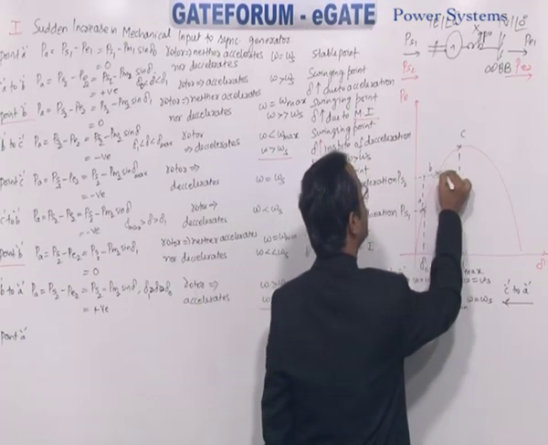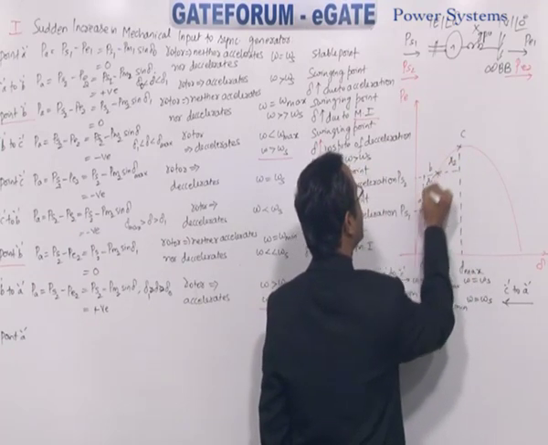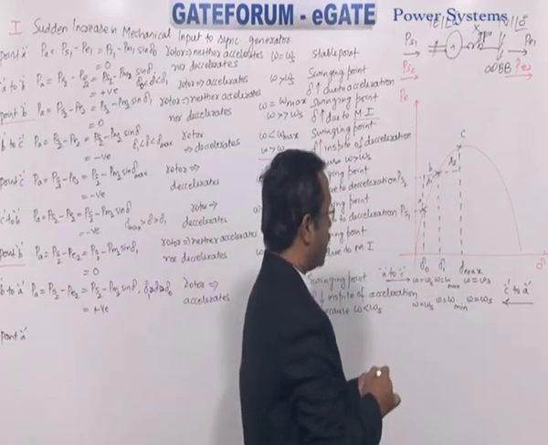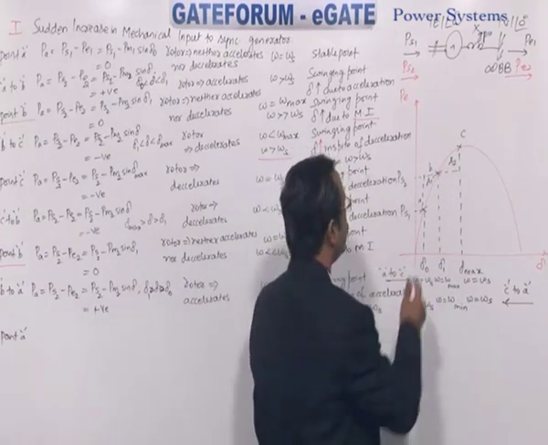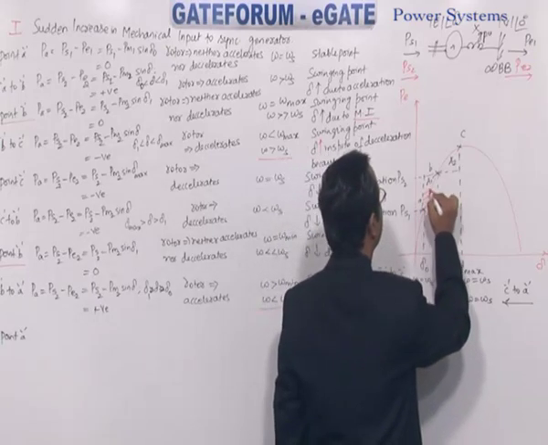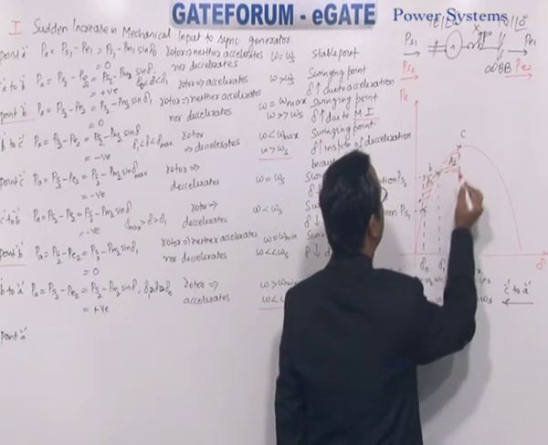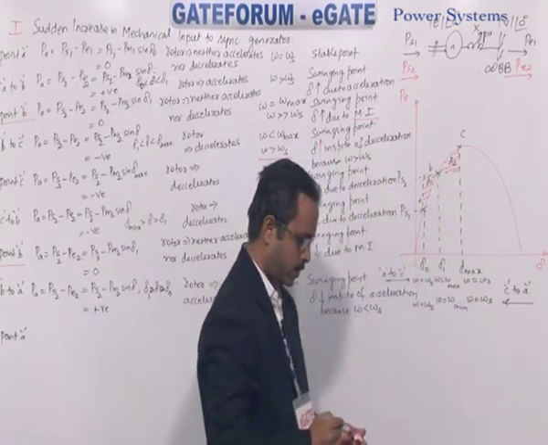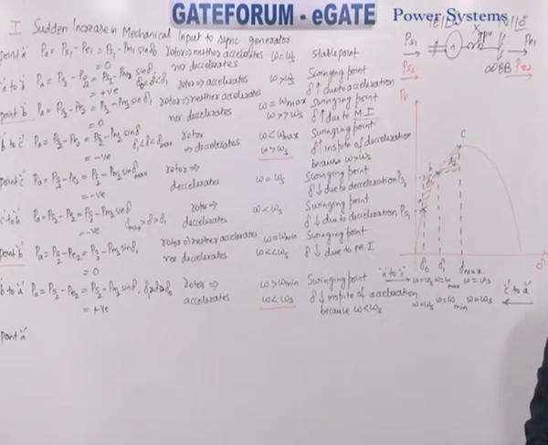These two areas we have to calculate: this A2, this A1. And when these areas are exactly equal, you say the system is critically stable. So with area A1 equal to A2, the system is critically stable.